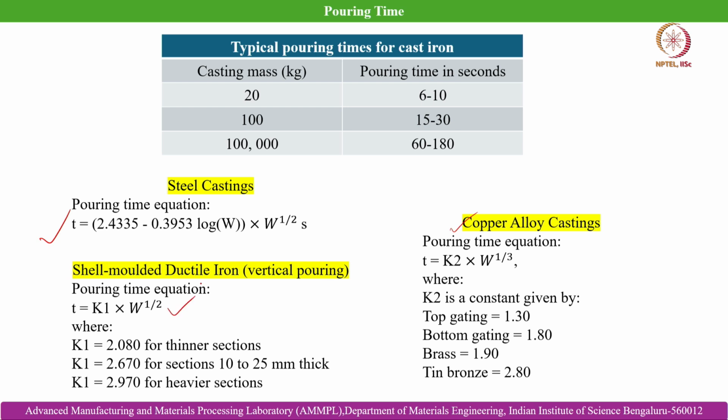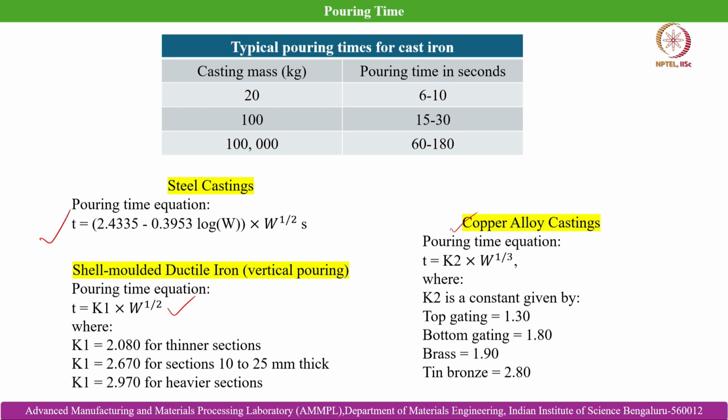So you can understand that for the same material and same process, when the casting size changes, there is of course a change in pouring time, and also for the same material and same weight of the casting, when we use different processes altogether, the pouring time changes.